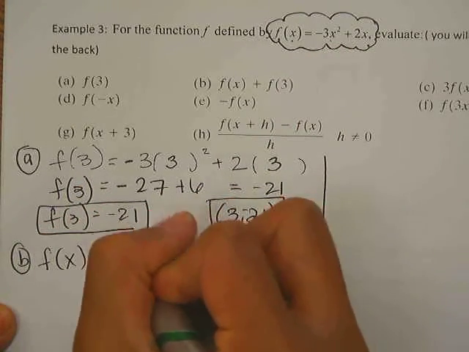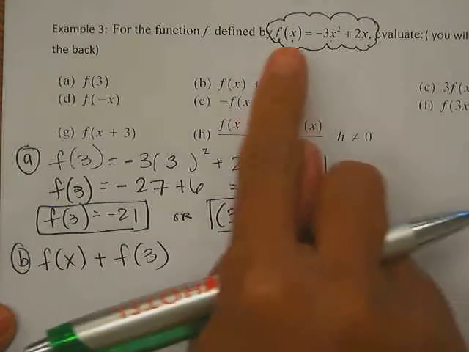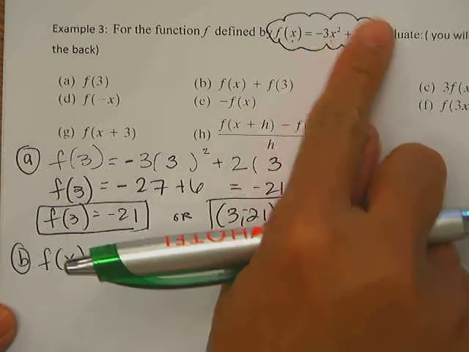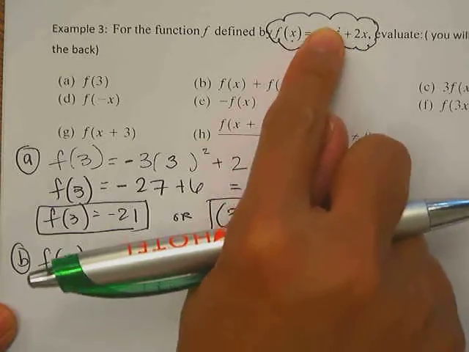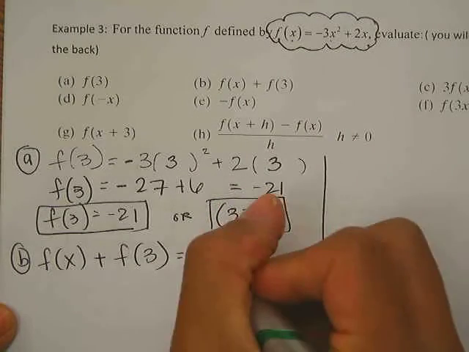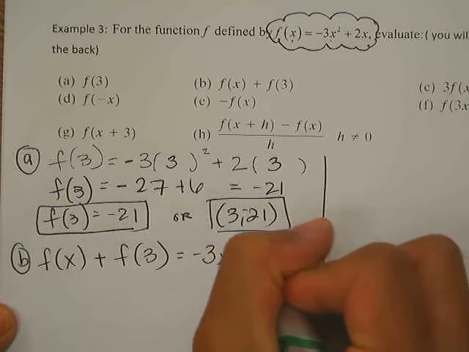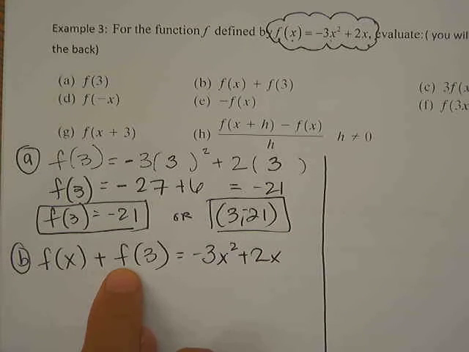I'm asking you to find f of x plus f of 3. f of x equals this. Because I want to evaluate or find the answer, I'm not going to leave f of x as f of x. I'm going to write negative 3x squared plus 2x. Okay. Do we know what f is when the input is 3?